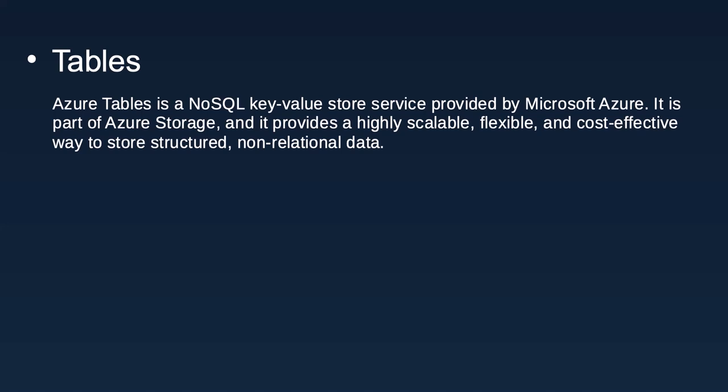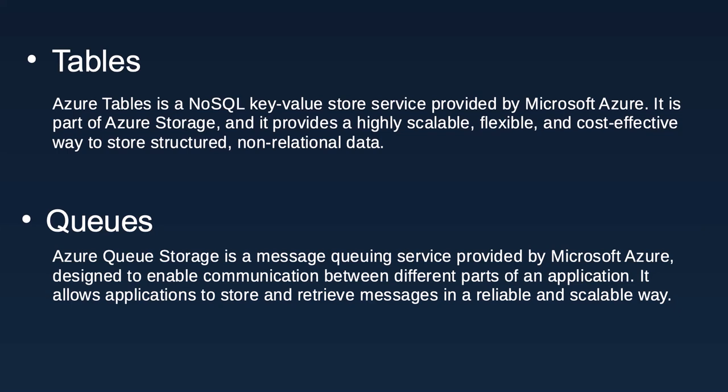If you want to store your data in key value pairs in a non-relational database, you can use Azure Tables. So the next one is queue, right? Queue. So Azure Queue Storage is a message queuing service provided by Microsoft Azure designed to enable communication between different parts of an application.